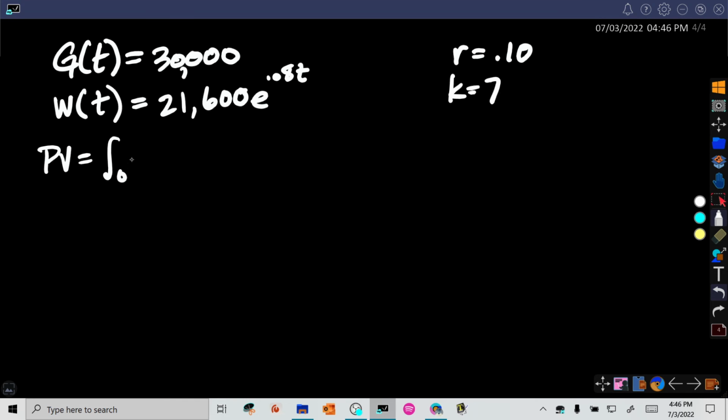So we're going to go from 0 to 7 of 30,000 e to the minus 0.1 t dt.